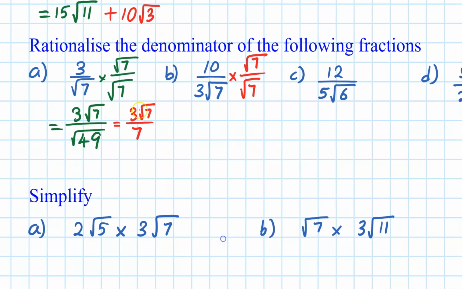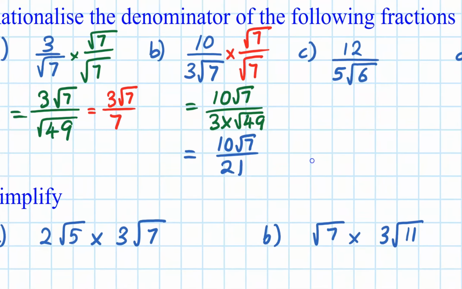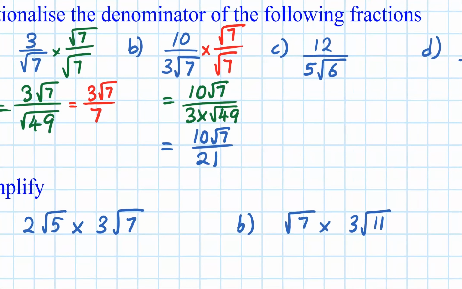Now what we are writing is on the numerator 10 root 7. Underneath here 3 times root 49. What is root 49? 7. 3 times 7 is 21. Hence the final answer is 10 root 7 on 21.